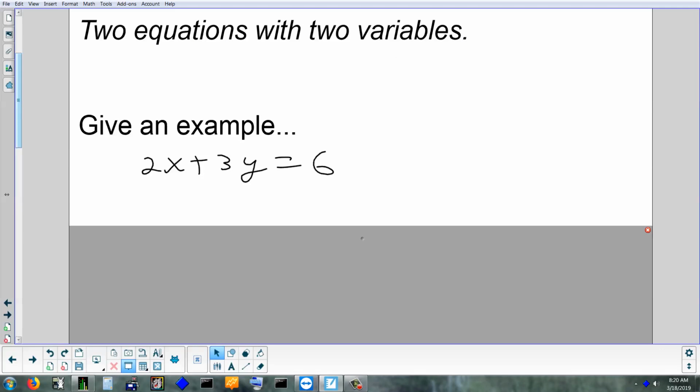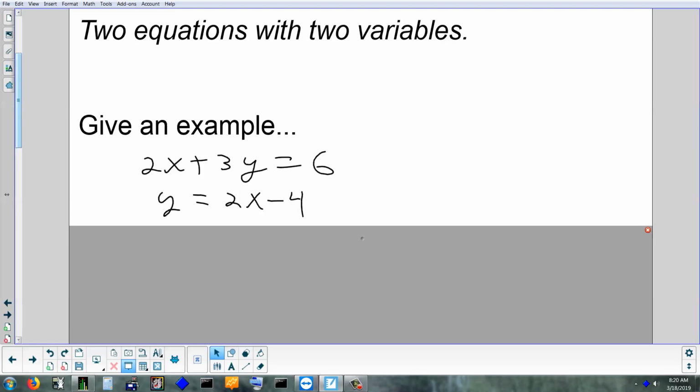Now, Dave, if that's part of a system, how many more equations do I need? At least 1 more. And I could have more, but we don't in this class. Can you give me 1 more equation? Y equals 2x minus 4.